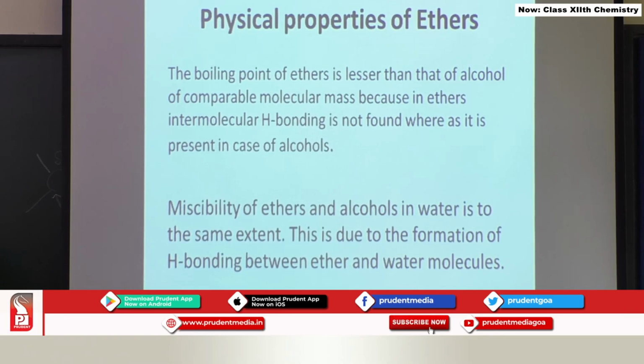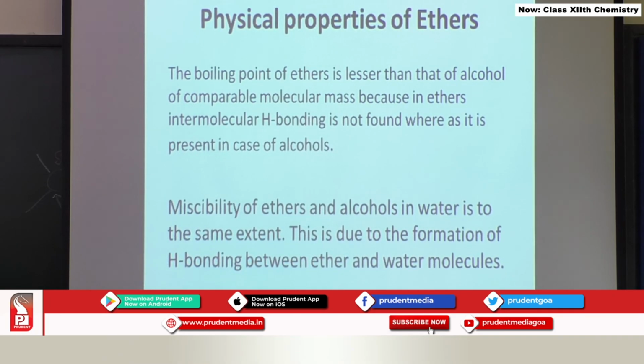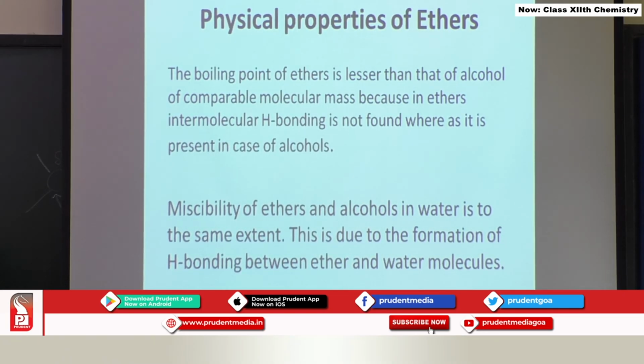But in the case of ethers, the forces of interaction amongst the ether molecules are dipole-dipole interactions, because of which their boiling point is a little lower. If you see the solubility, the solubility of ethers and alcohols is almost to the same extent in water, and it is due to the formation of intermolecular hydrogen bonding of ethers with water.